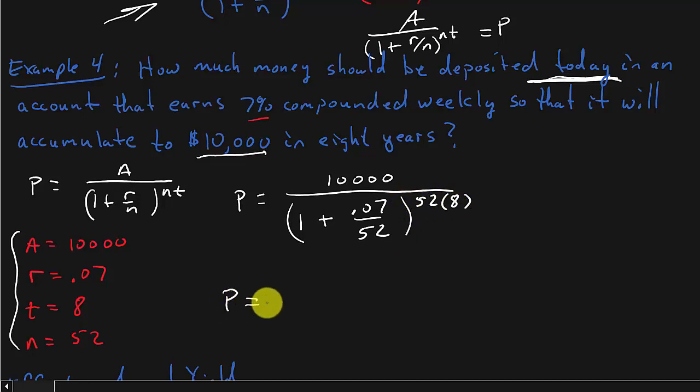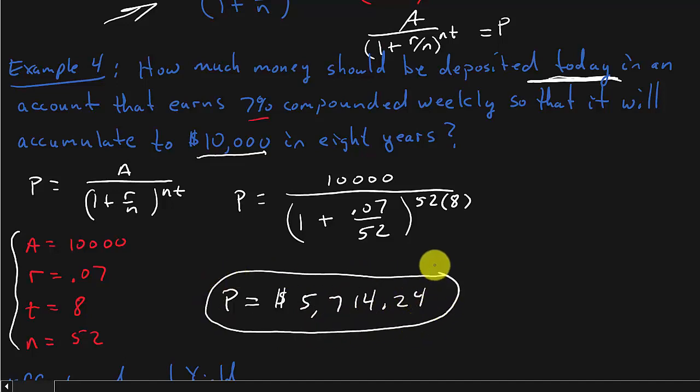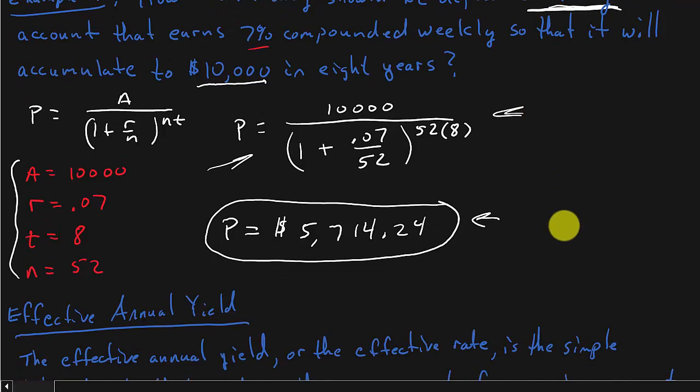And then we punch this into our calculator, and that gives me $5,714.24. You can check me on that, make sure I didn't hit a button wrong on my calculator. But this is how you plug it into the formula, and then you just type it in your calculator.